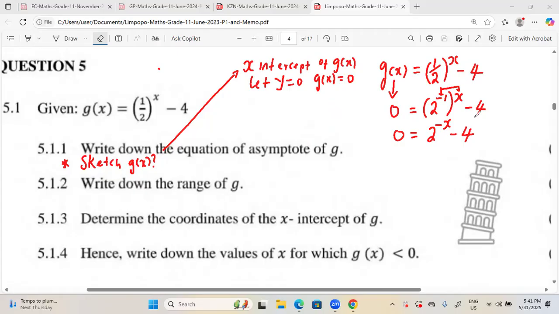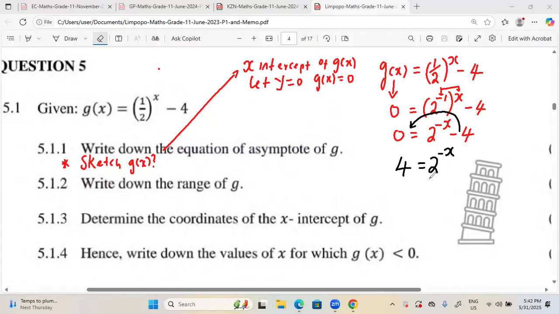So what do I do from here? I have to take negative 4 to the left-hand side. So this negative 4 has to come to this side. So you say 4 equals 2 to the exponent negative x. You are dealing with exponential equation.